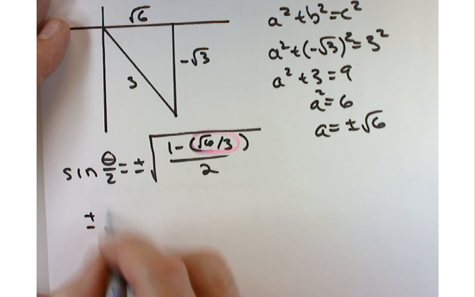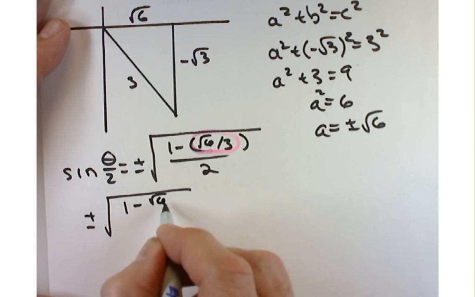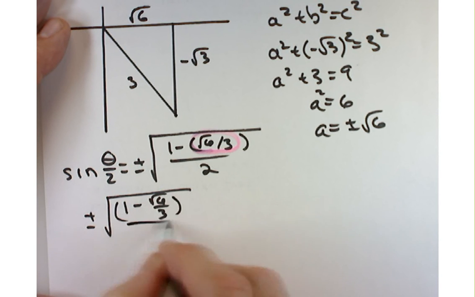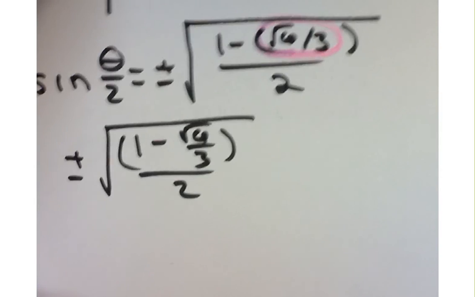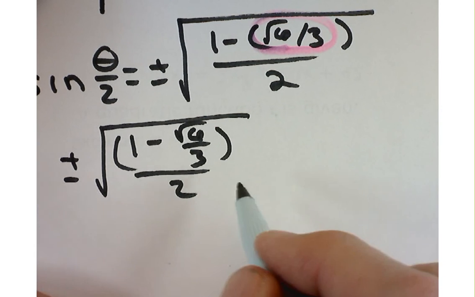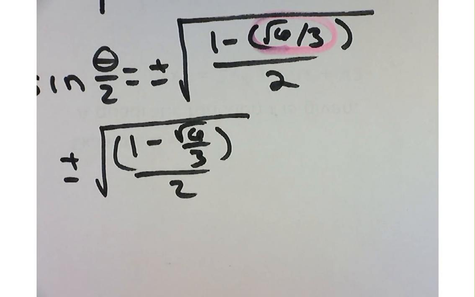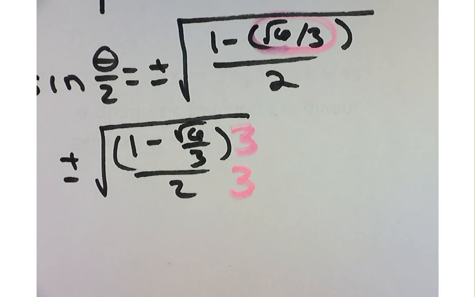Plus or minus square root of 1 minus square root of 6 over 3 over 2. What should I multiply by this time to clean this up? 3. Yeah, so 3 in the numerator and 3 in the denominator.